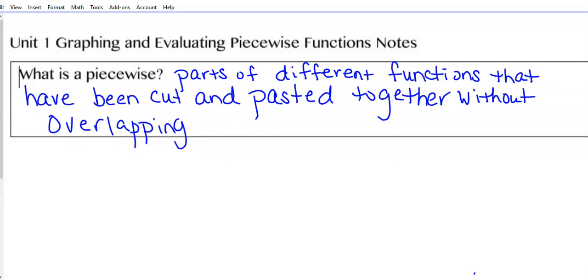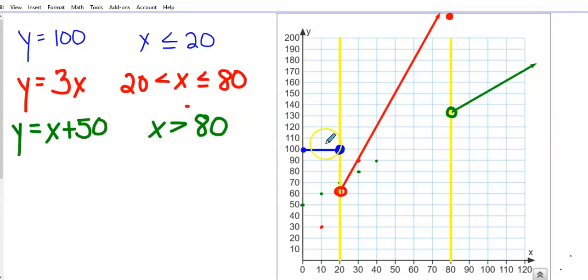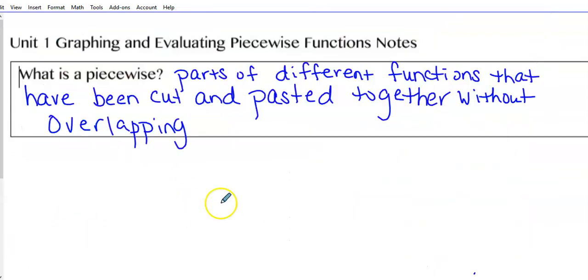So just like the one we did over here, where we've got the different parts of them, we had the whole thing, but then we just had to back it up or put it where it needed to be. That's what we do. We cut them and paste them together, or we take off the part that doesn't work, that doesn't meet that domain restriction.